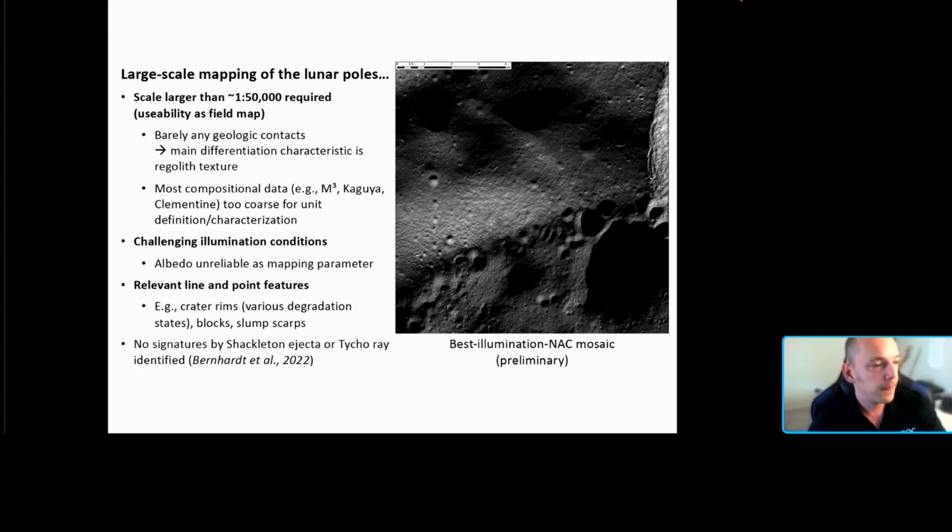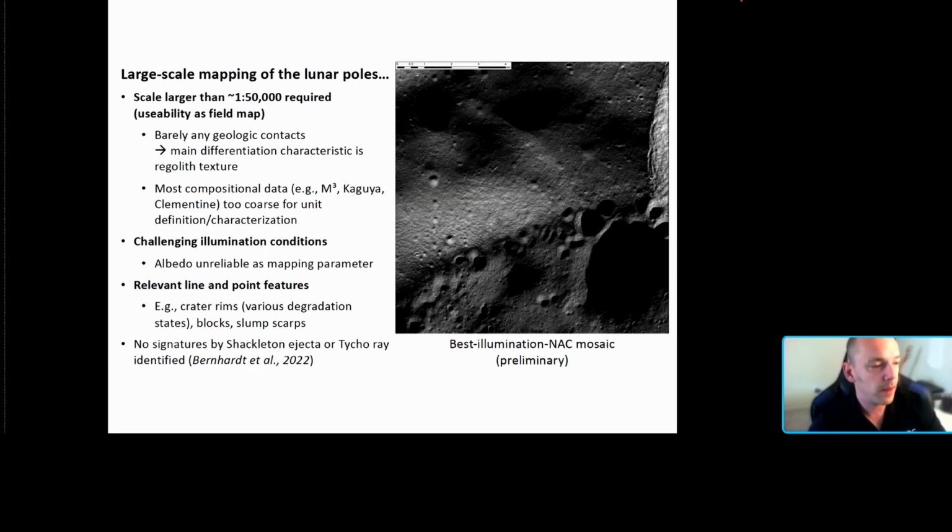Now, so much for the units, the line and point features that should be in such a map, as I will also elaborate more in the following slides. And as you can immediately recognize on the NAC image here, for example, there are the crater rims and the block slump scarps.